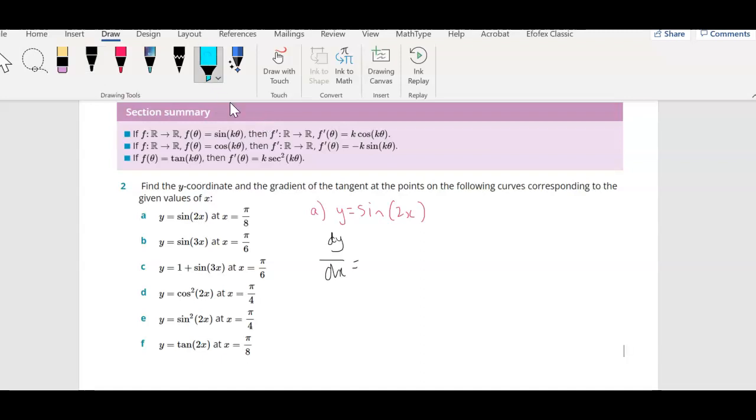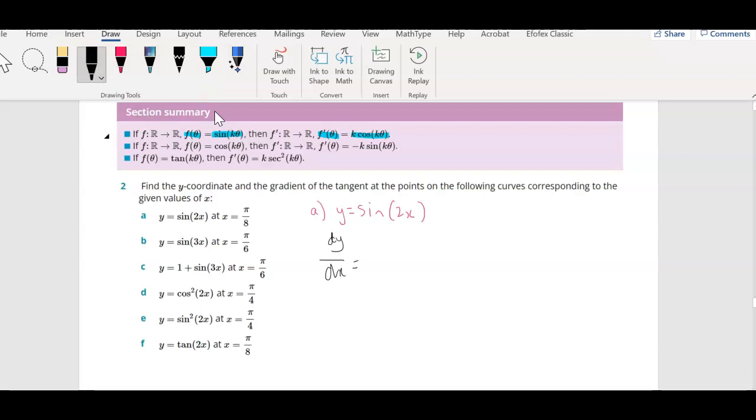If we have a look at our section summary, there's our function, f of theta. In this one we've got x. Theta is just another variable, just like x. So your derivative is going to be k cos k theta, or in this case, x.